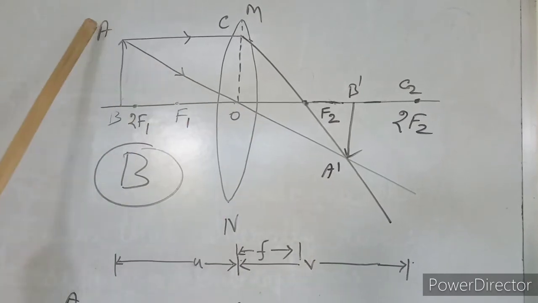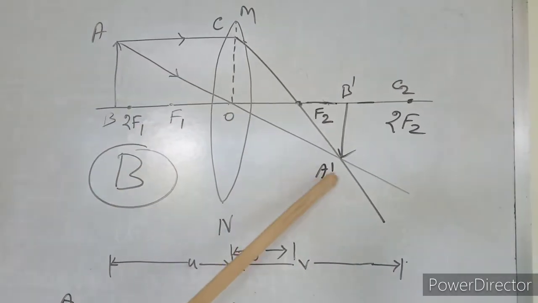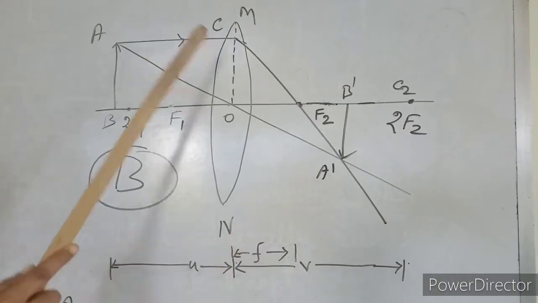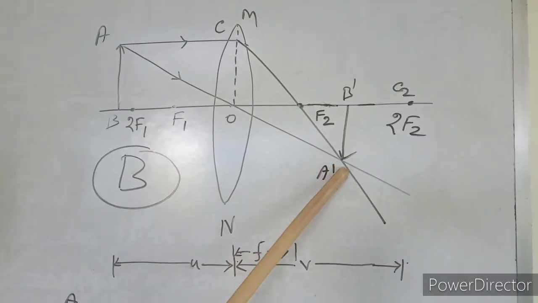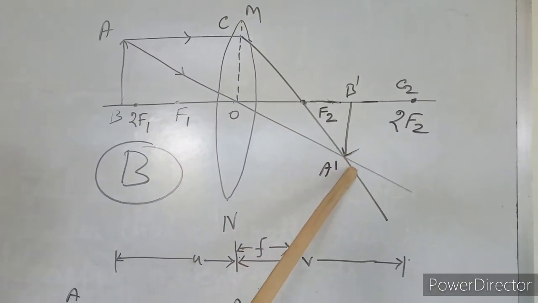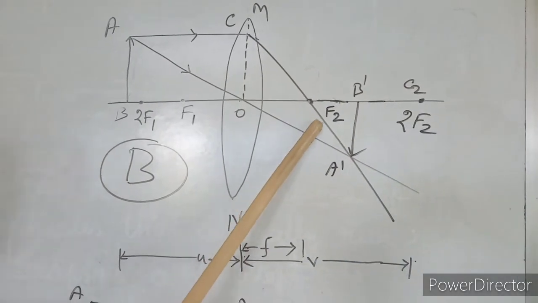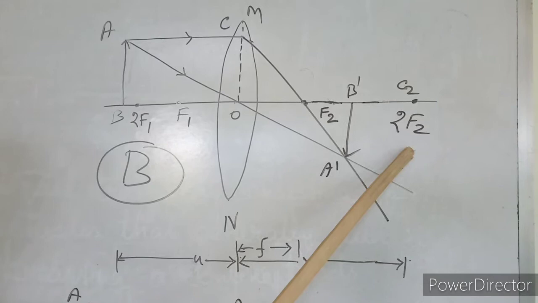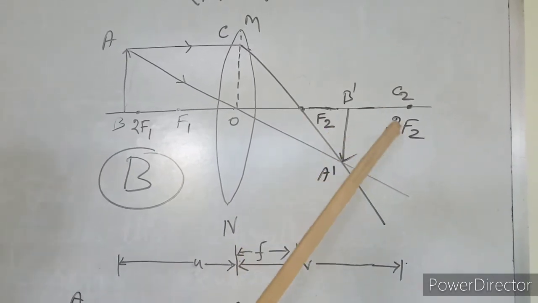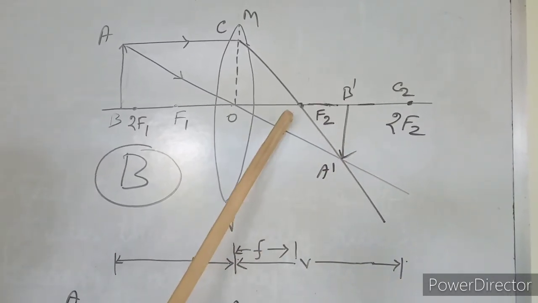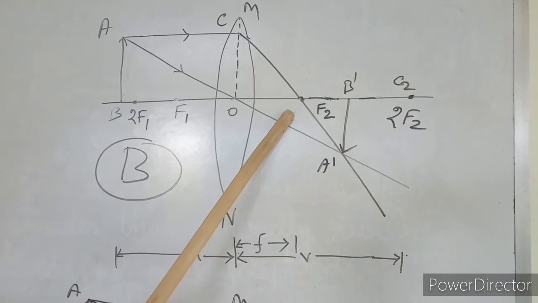Second ray of light, it is passing through the optical center undeviated. So these two rays are meeting at a point and there the image is formed. So the image is formed in between F2 and 2F2. That means in between center of curvature and focus point on the opposite side.